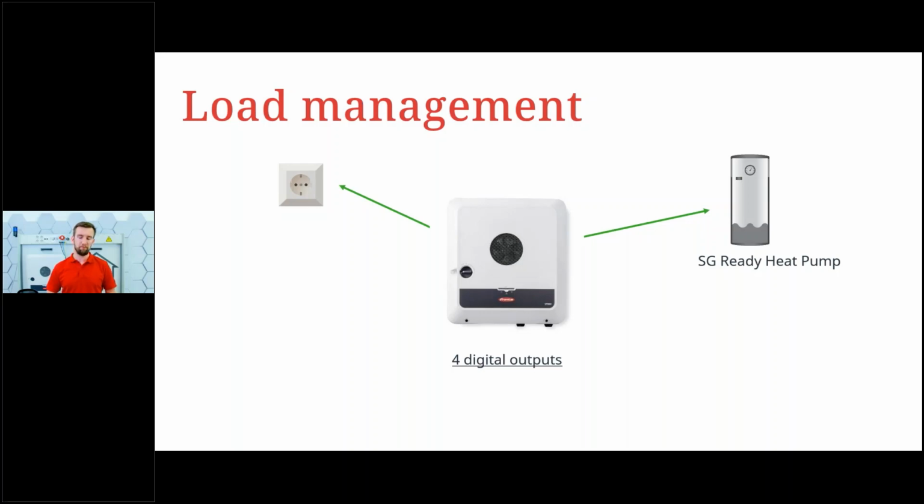A further option would be loads that, for example, we use particularly when the sun is shining. That might be things like irrigation pumps, circulation pumps, or pool pumps. Particularly in the summer months and during the days when it's nice and hot, we'll be using those things more. So why not switch them on when the sun is shining?